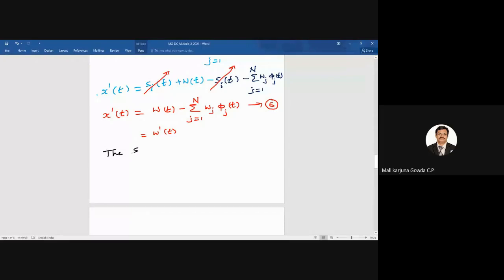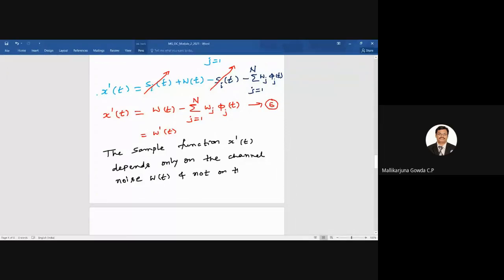The sample function x dash of t depends only on the channel noise w of t, and not on the signal Si of t.